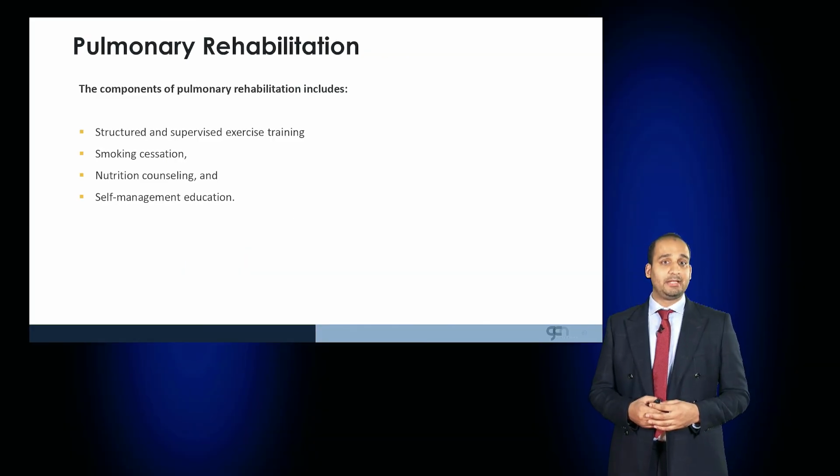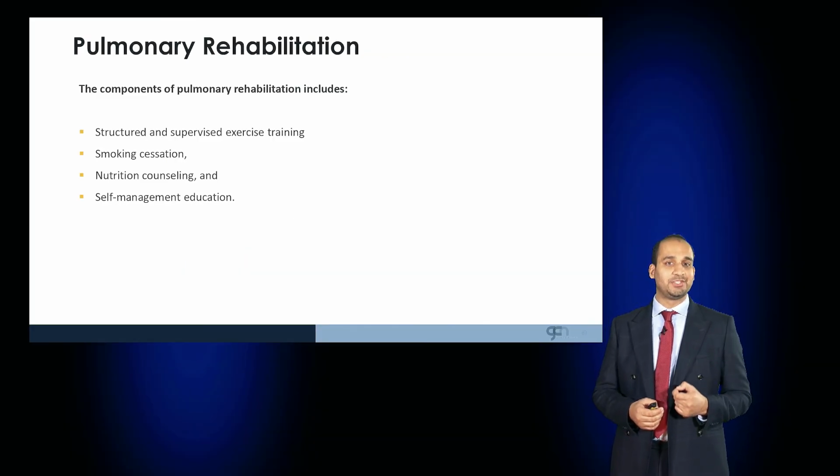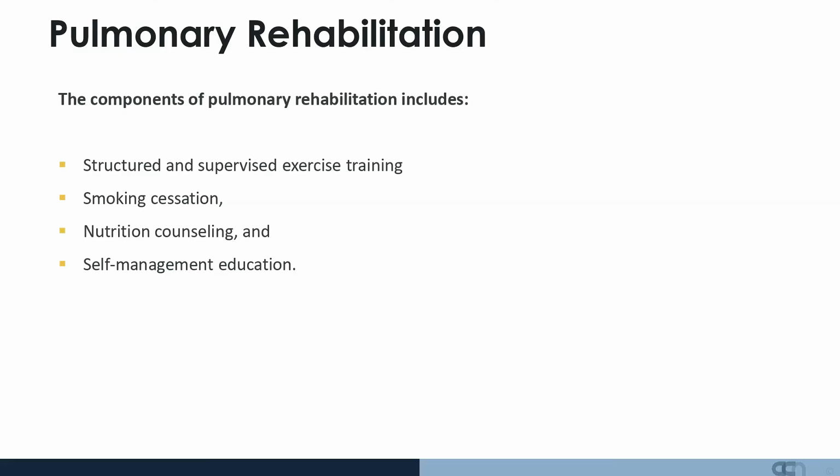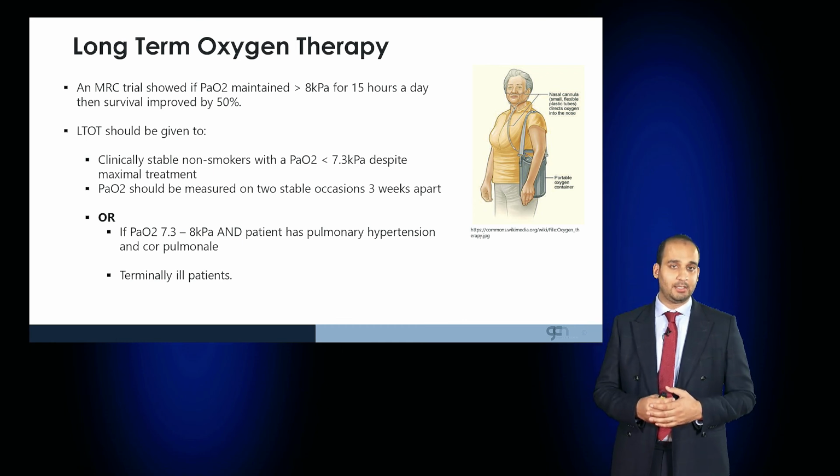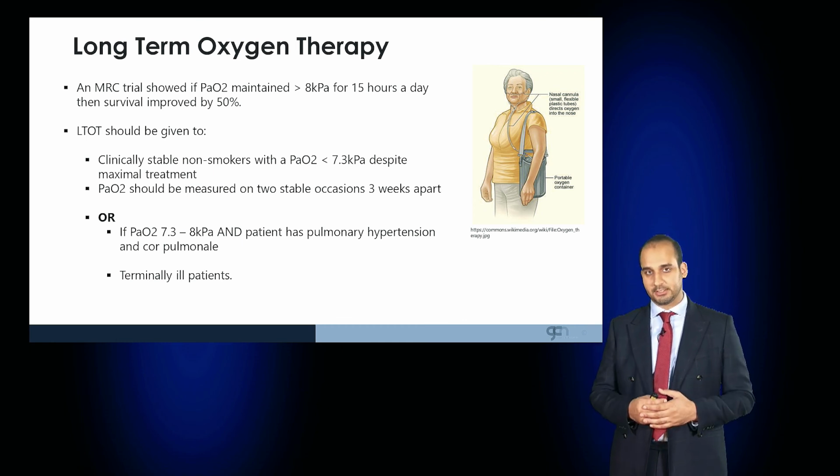Offer pulmonary rehabilitation. This is structured and supervised exercise-based training in conjunction with smoking cessation, nutrition counselling, and self-management and education to help patients live and cope with their COPD. In some patients who are chronically hypoxemic, they will require long-term oxygen therapy.